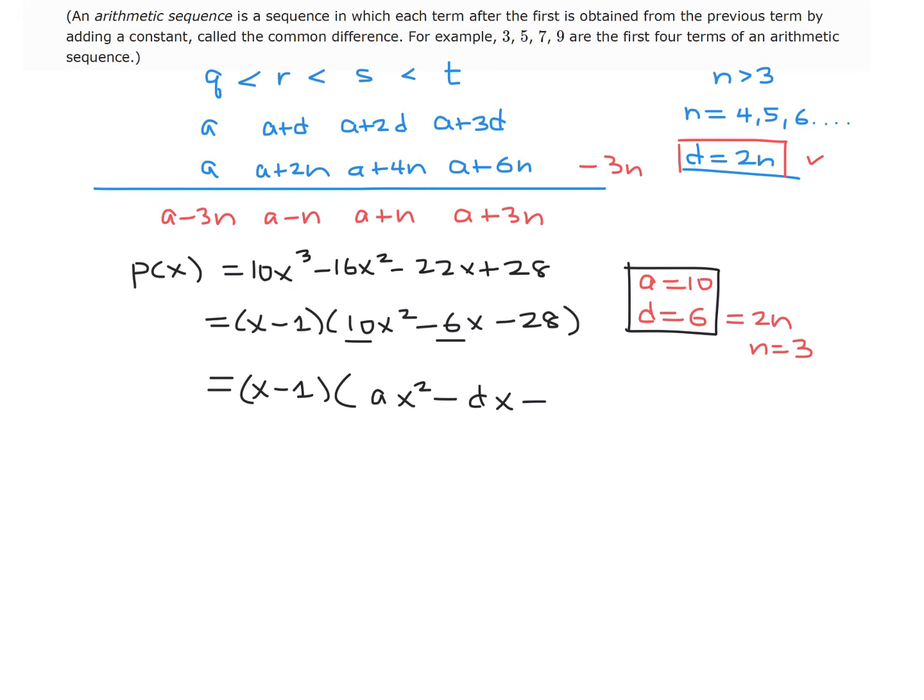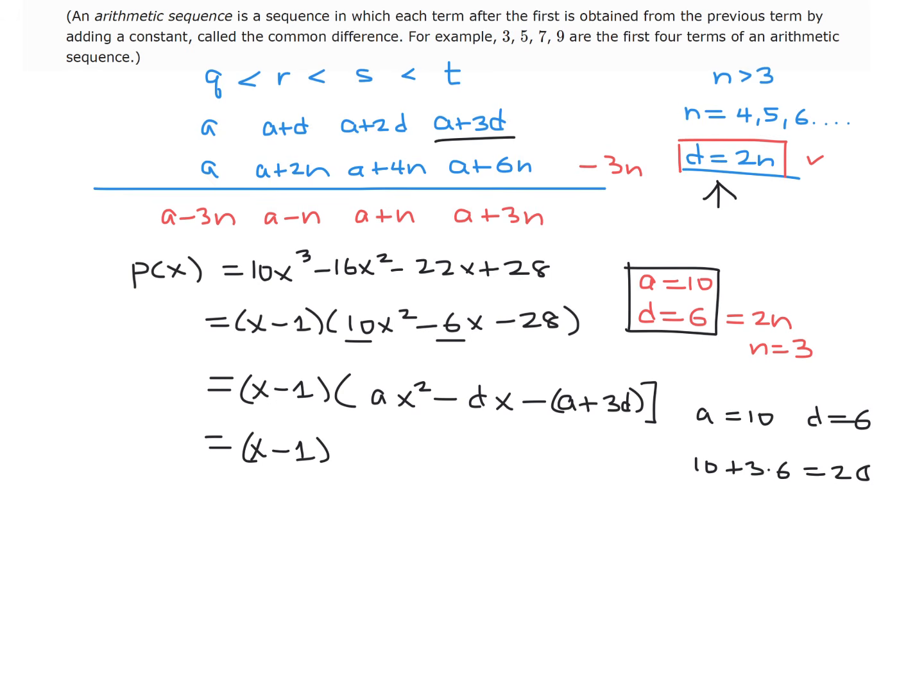It'd be A plus 3D, I think, right? Because if A is 10 and D is 6, A plus 3D would be 10 plus 3 times 6, which is 28. So there we go. So it'd be A plus 3D. Okay, so then we want to put in the 2n. This is the one that we want to put in. So this is going to be A.